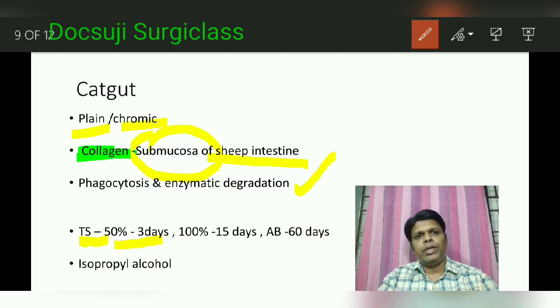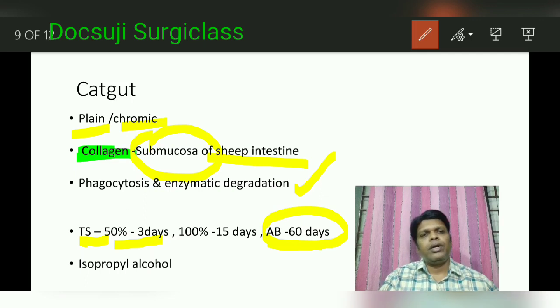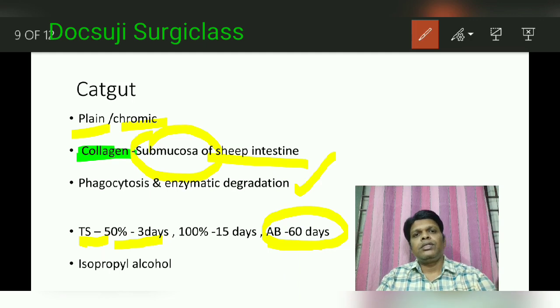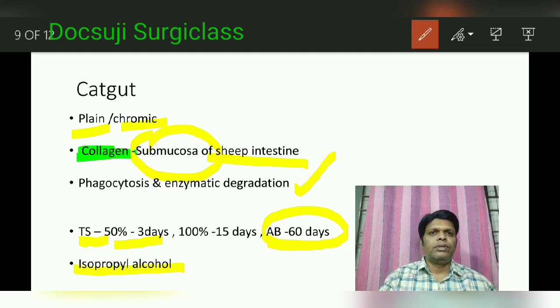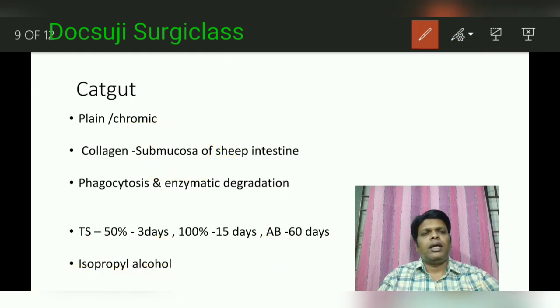And the absorption period is 90 days. And finally, isopropyl alcohol is the preservative used in catgut. So that's all about the catgut.